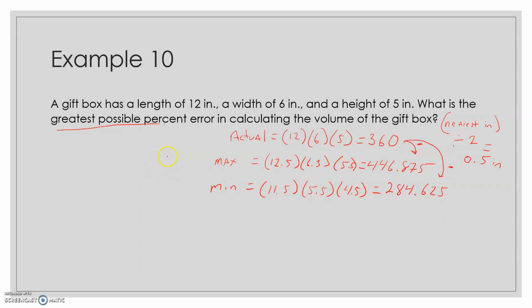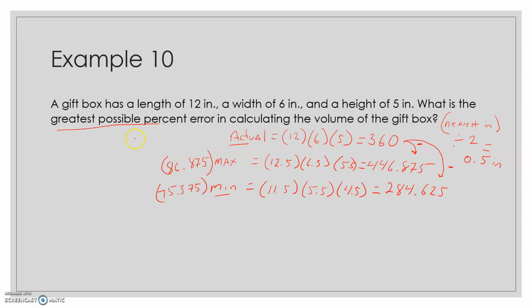But when we subtract those, the distance between 360 and 446 is about 86.875, and the difference between our actual amount and our minimum is 75.375.